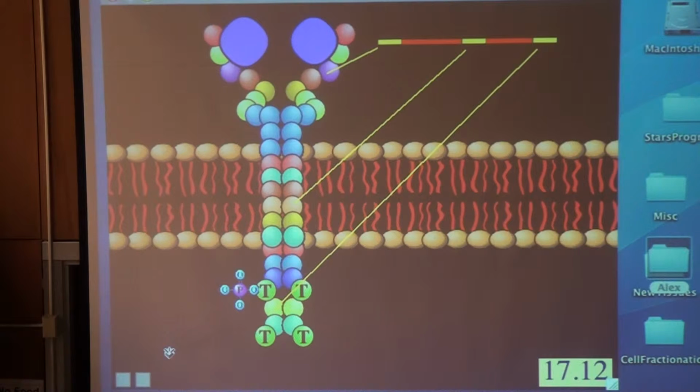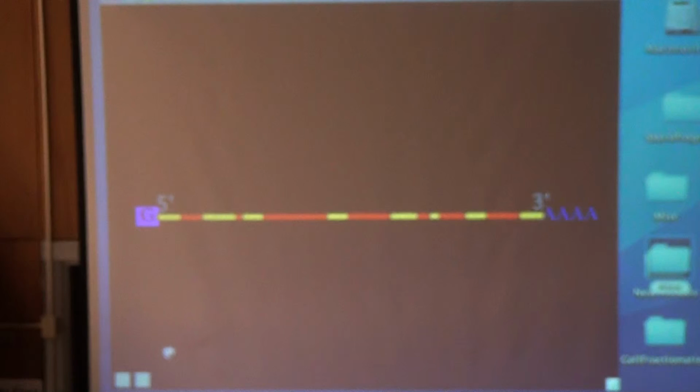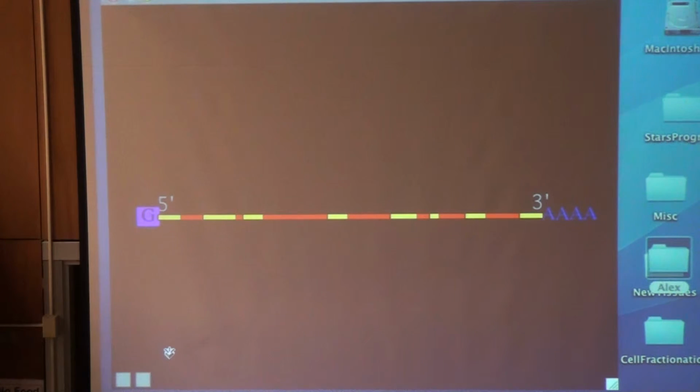And so why is it helpful if our genes are modularized in terms of the protein regions they encode? Well, there's a phenomenon called alternative splicing that takes advantage of this modular arrangement of the parts of the gene that encode the proteins.